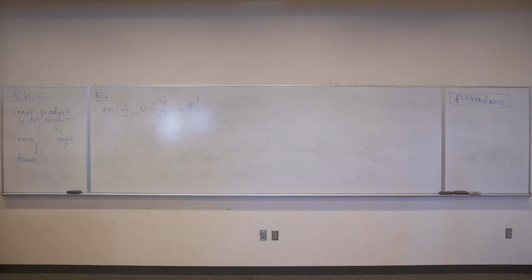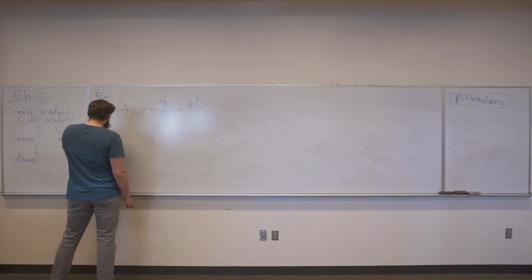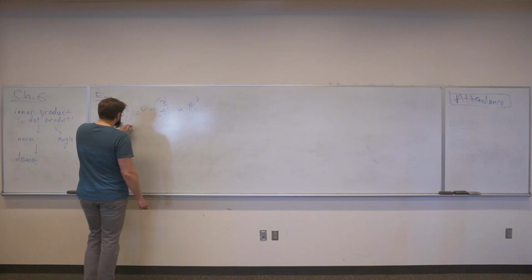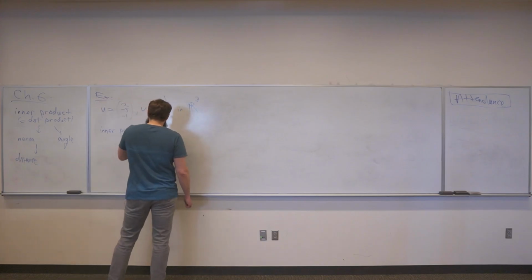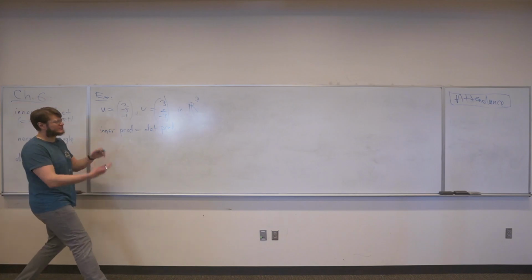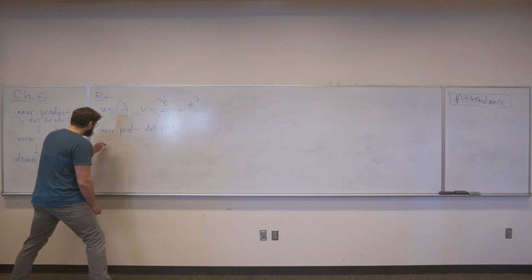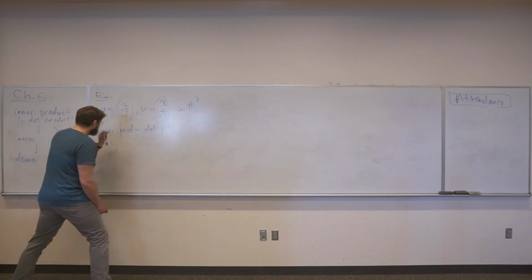What was the dot product of these two vectors? So the inner product, the same thing as the dot product, of these two is this. Okay. I'm just going to write a couple different notations that you might see around. So u dot v.